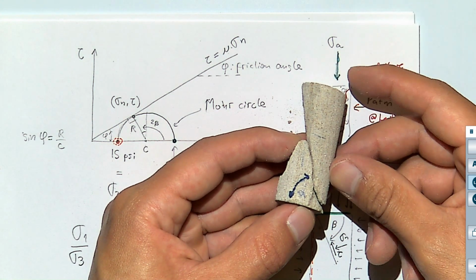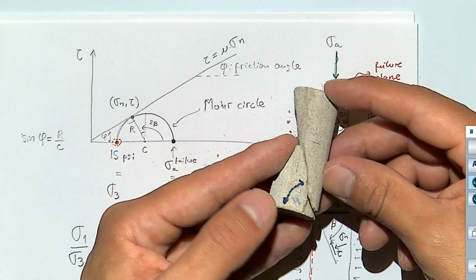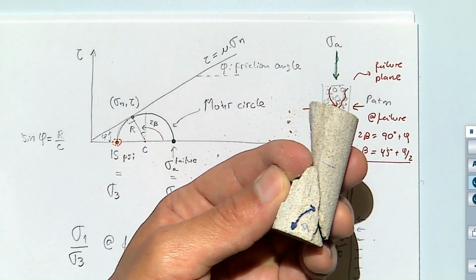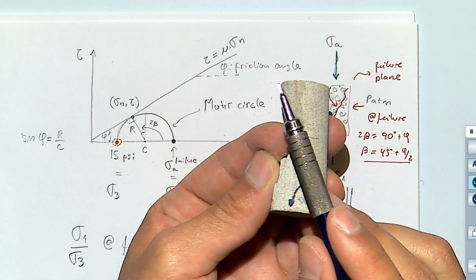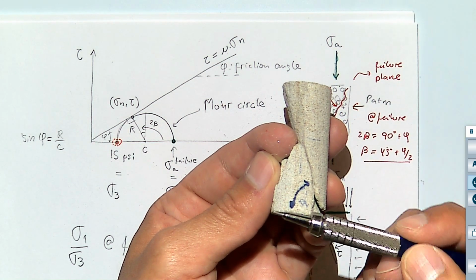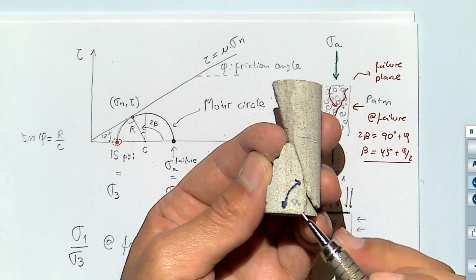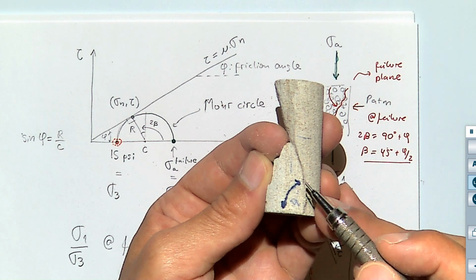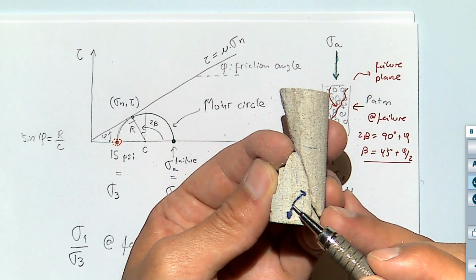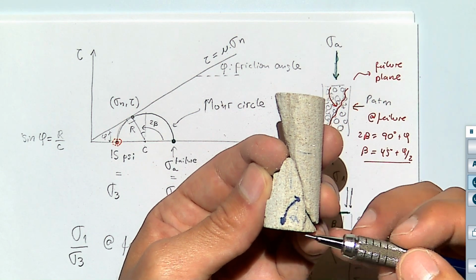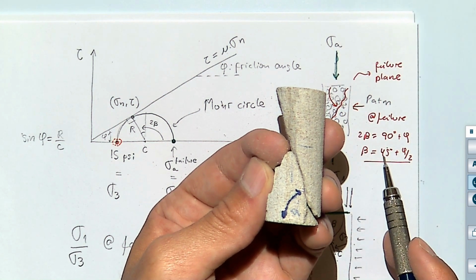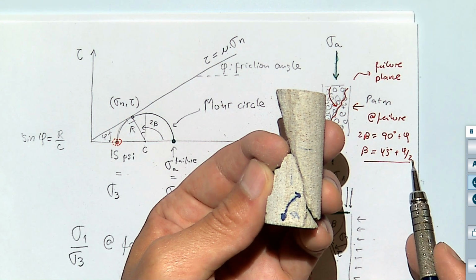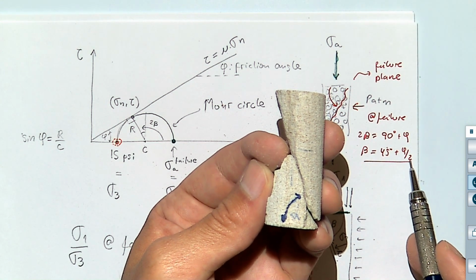We could either measure the angle from this plane into that one, or from here to that one, it is the same, but that angle is always going to be a steep angle when I measure it from this plane. And here you have the equation. It tells you that it has to be 45 plus friction angle divided by 2.